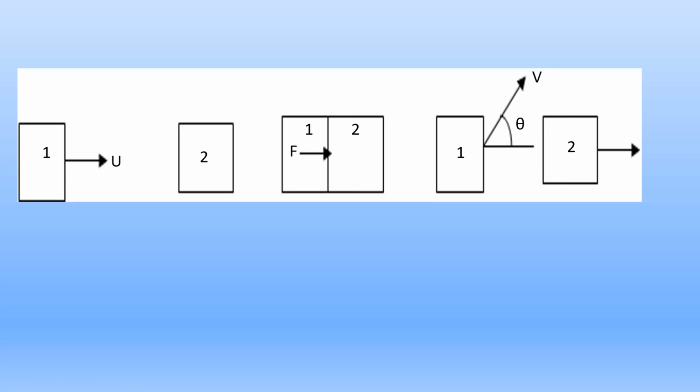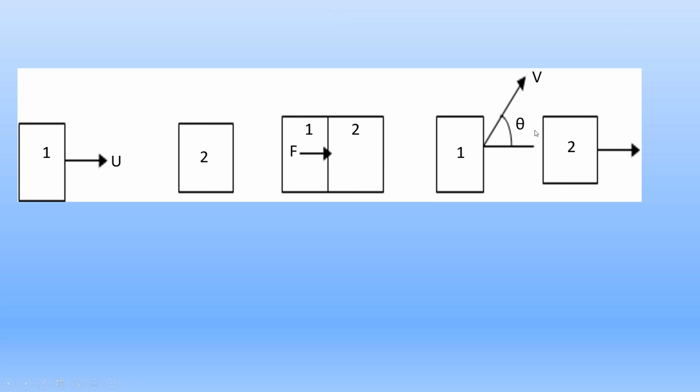But we need the final linear momentum of the first body in the direction of force F. Force F is horizontal, so find the final linear momentum in the horizontal direction. We know that in this horizontal direction, the component of final velocity v is v cos theta.